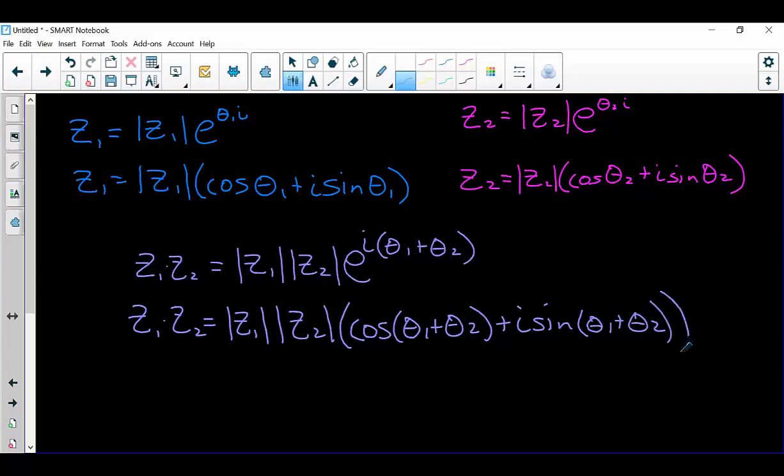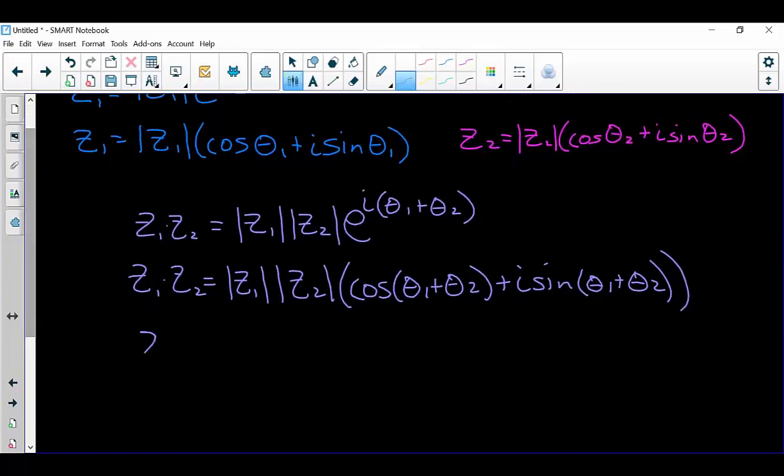Okay, there's the polar form. Now, if we're raising either one of those to a power, so this would be, and that's 1.